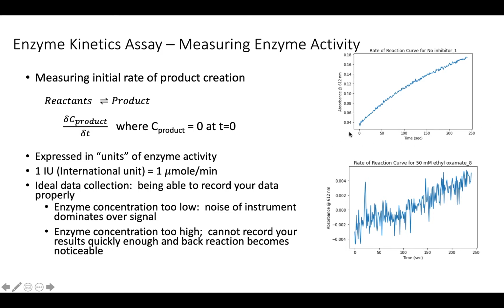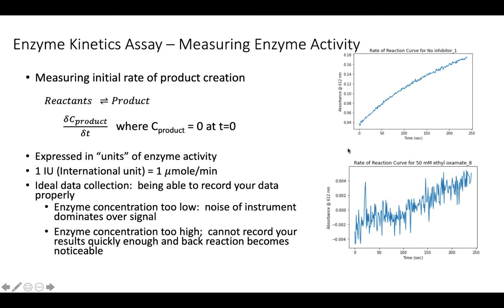And what you see here is what you will typically see as you're measuring your enzyme activity. You have your absorbance on the y-axis, time on the x, and you can see the rate of change of this reaction going on. We are measuring the initial rate of change of when the reactants are going to products.